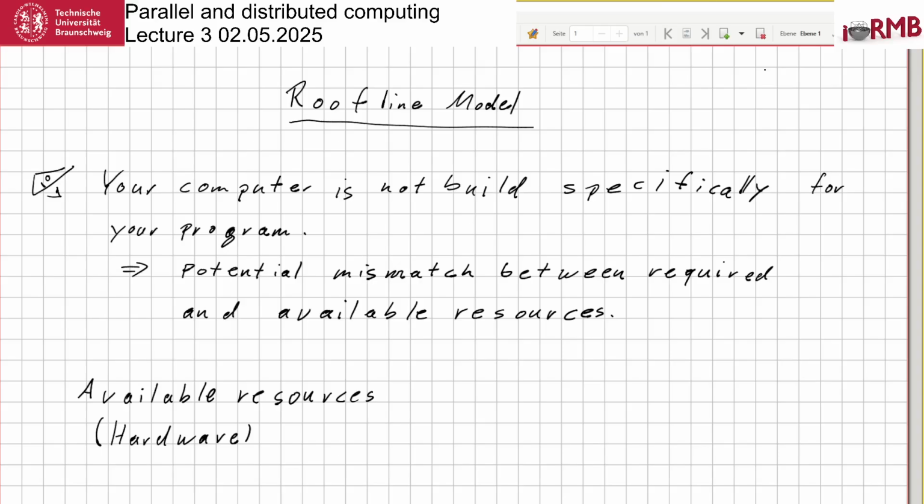Say the hardware has a computational power that, if you look at the data sheet of a computer, will be announced as the peak performance of your processor. So I could write P peak, but I now say P computation. This basically comes from the processor.